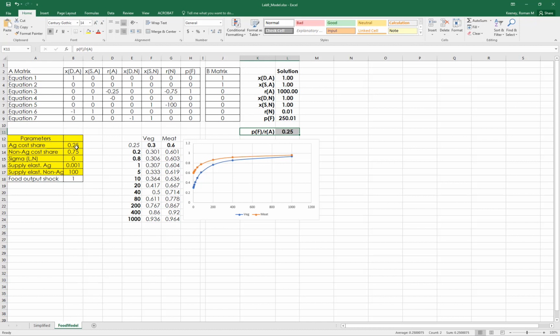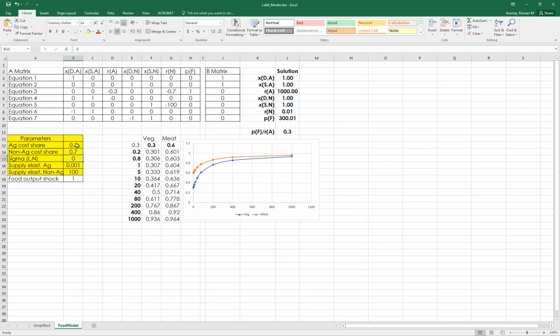So let's think about some realistic assumptions. On the last slide, we talked about some assumptions that will work for us, so let's reset to those. I'm going to start with 0.3, and that converts the non-ag cost share to 0.7.